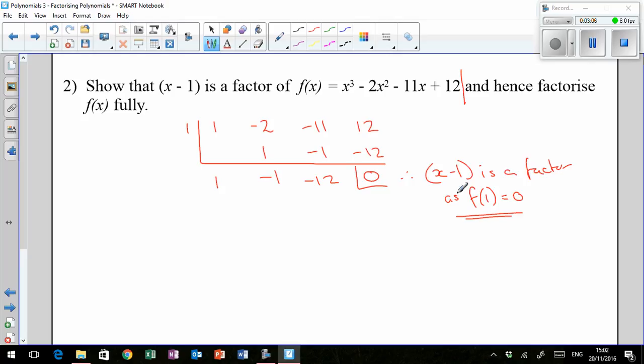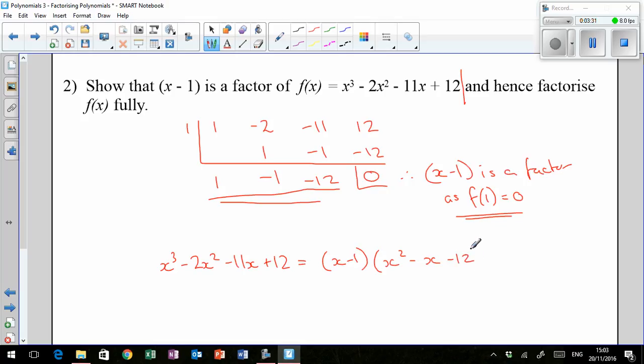What we have to do now is factorise f of x fully. From the previous video, we should be comfortable splitting this polynomial up into its divisor, which in this case is x minus 1, and its quotient, which we know comes from the bottom line. That quotient becomes x squared minus x minus 12, and then you're looking to factorise that fully.